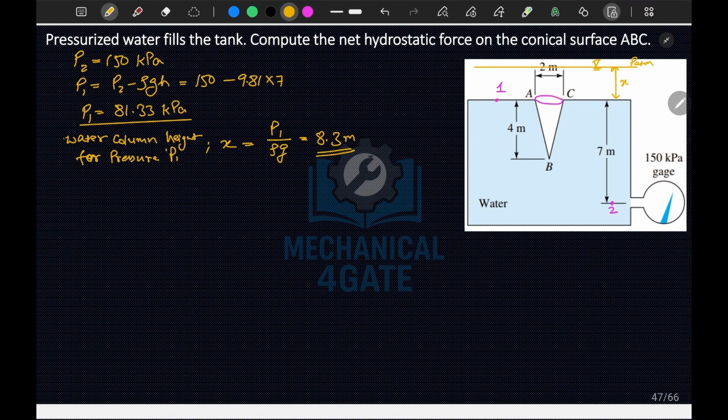Okay, so let me write it. Vertical force on conical surface is equal to the weight of the liquid.